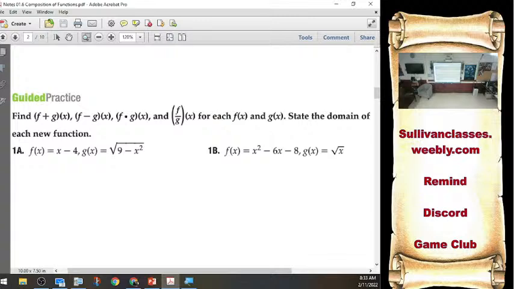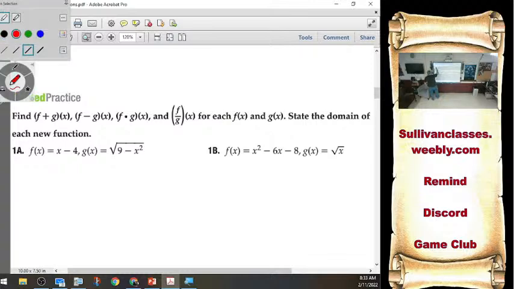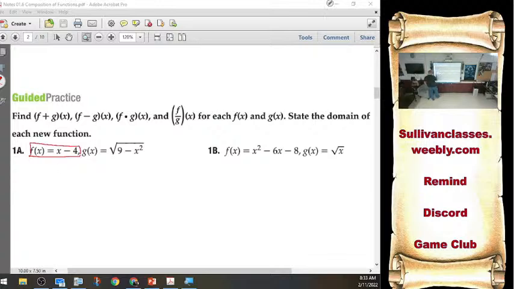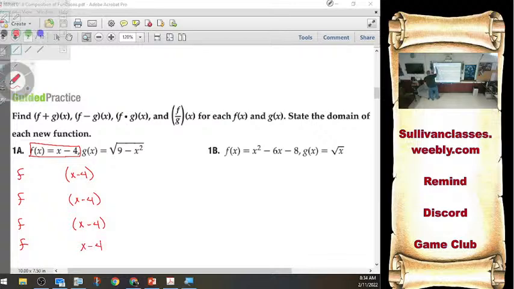Just distribute it. And keep going on both of them.